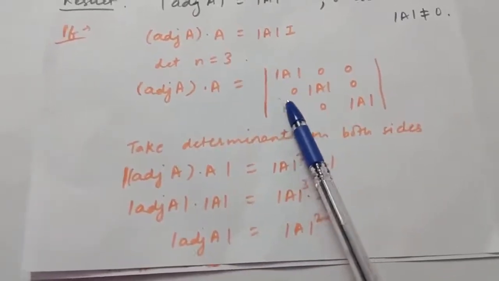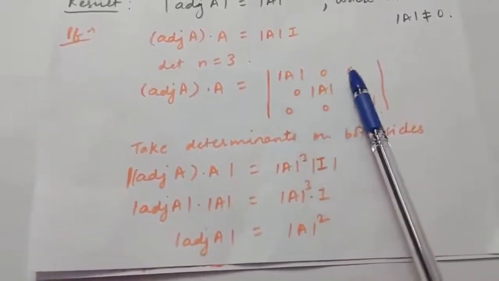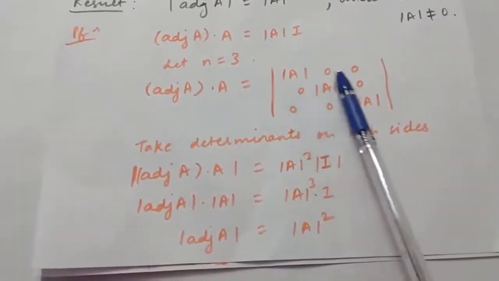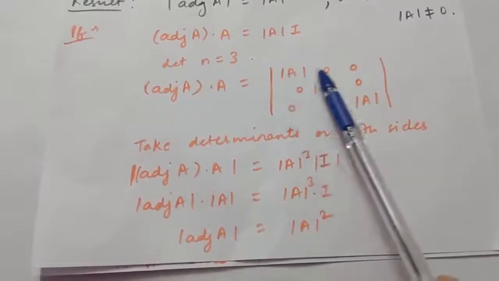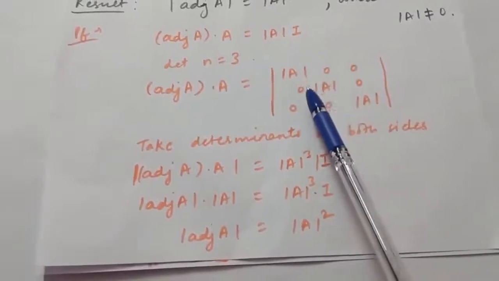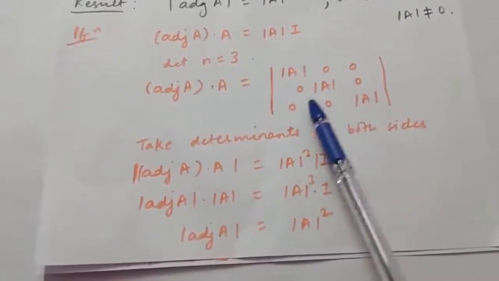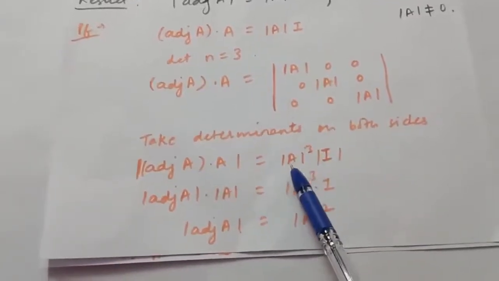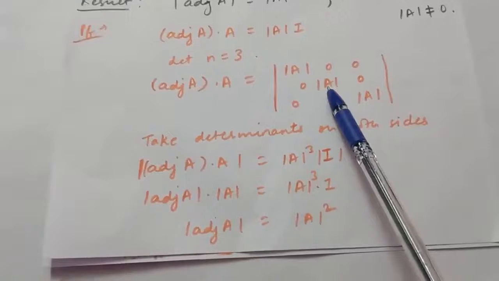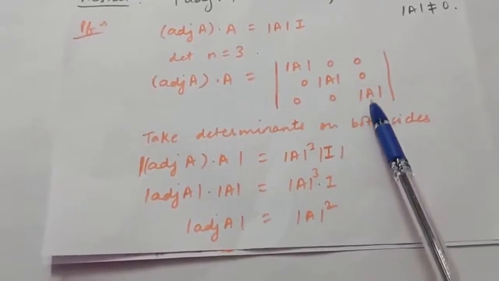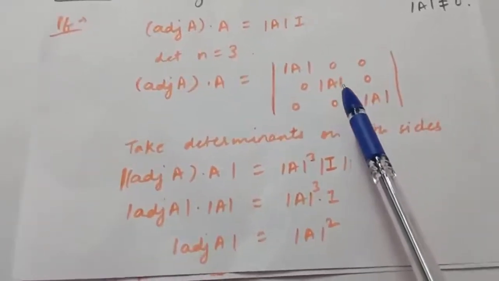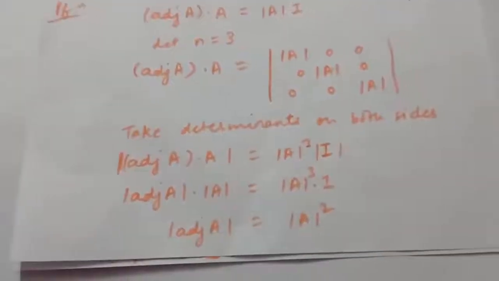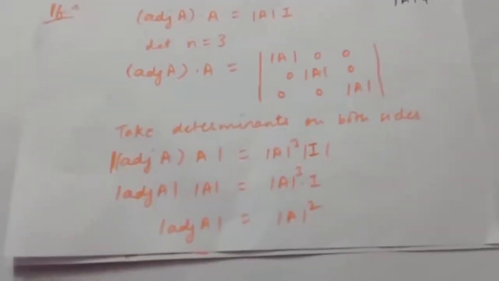Now in a determinant we can take out any element common from any row or any column. This is a determinant. From this row I can take out determinant of A common, from this row also, and from this row also. So outside this determinant you will get determinant of A into determinant of A into determinant of A, because we have taken out common determinant of A from all these rows, which can be done in determinants.